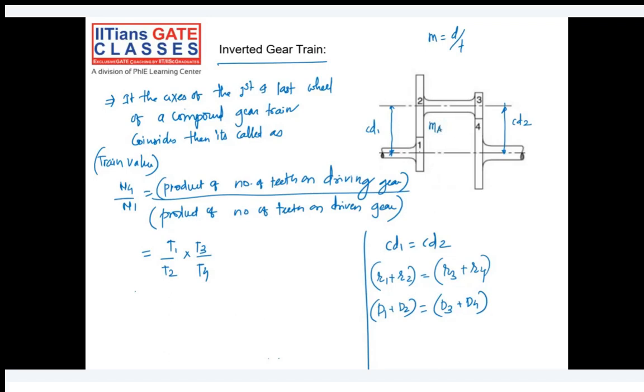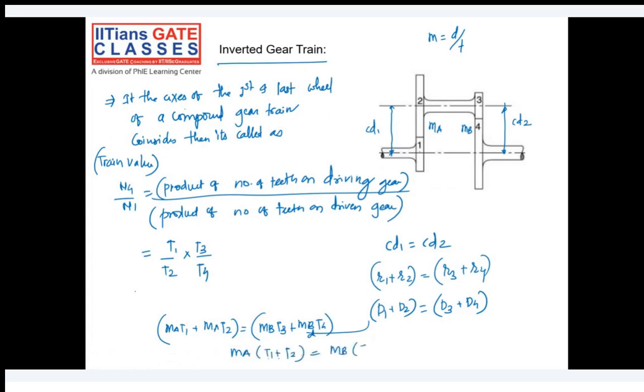Then can I write this expression as ma t1 plus ma t2 equal to mb t3 plus mb t4? Or if you take ma common, it's ma times (t1 plus t2) equal to mb times (t3 plus t4). Can you write it like this? Is it clear?